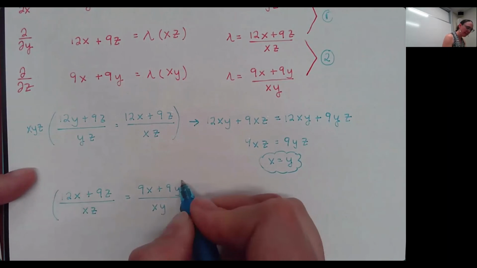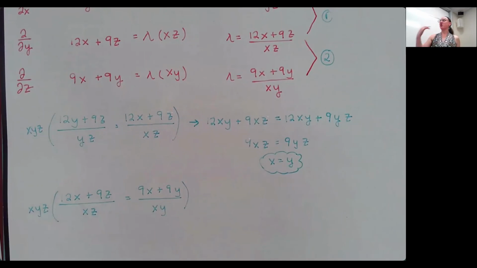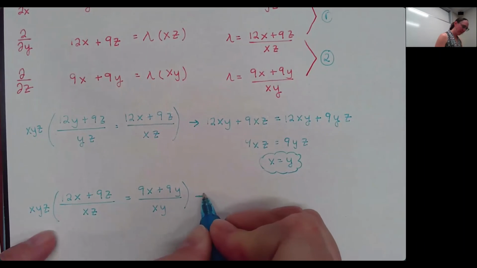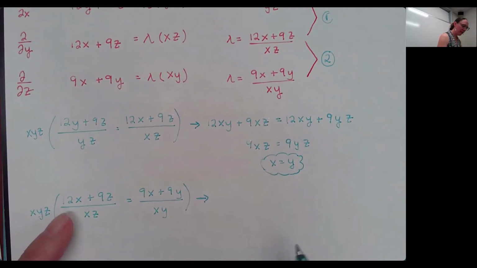Multiply both sides by xyz. The reason I'm multiplying by xyz is just to get rid of the fractions. You could instead drag around common denominators, but if I get rid of the fractions, I'm usually happier. So if I get rid of those fractions, here on the left-hand side, the x and z will cancel out, leaving me with just y.